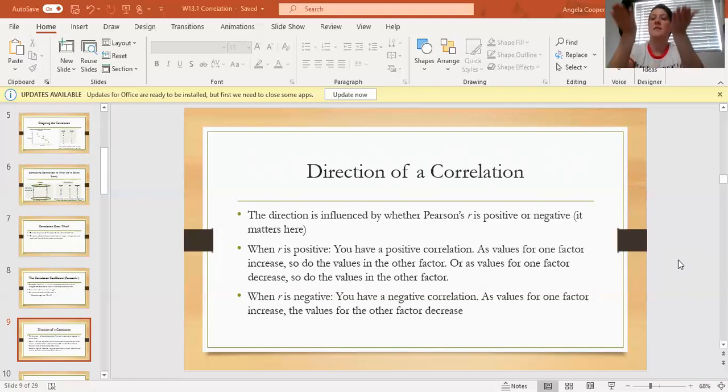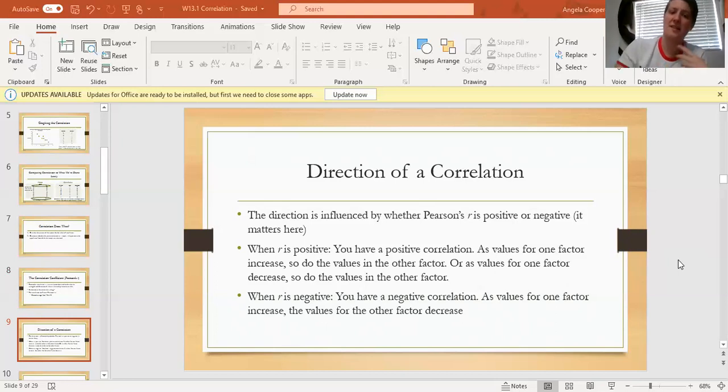They rise together or they go down together. Whatever one does, the other is likely to follow. That is a positive relationship. You've got two variables working in the same direction, just like any good relationship: if you're working together, you go together.